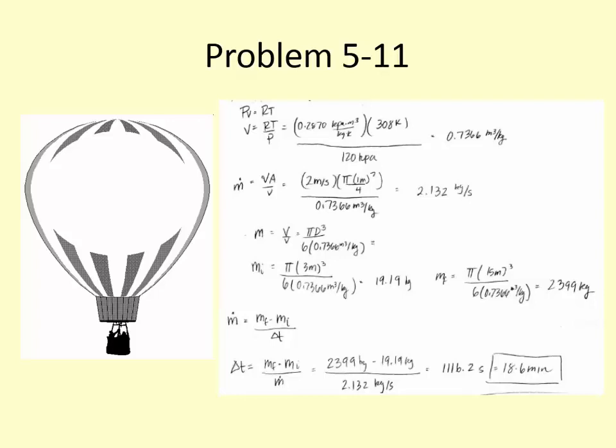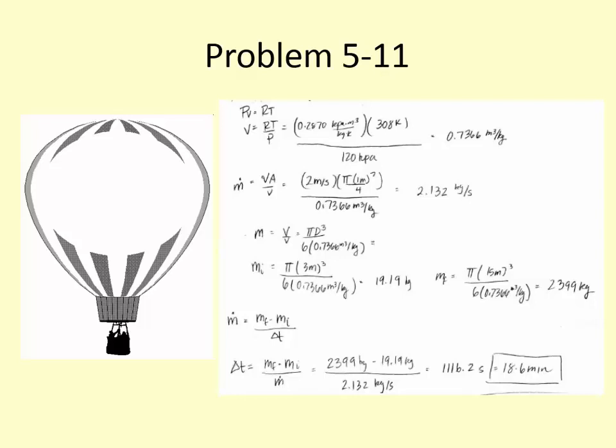Okay, so now we know the change in mass. We're still looking for the time interval. How does that relate to the mass flow rate? We want to find seconds or minutes. We've got kilograms. We've got kilograms per second. Divide it. Okay.